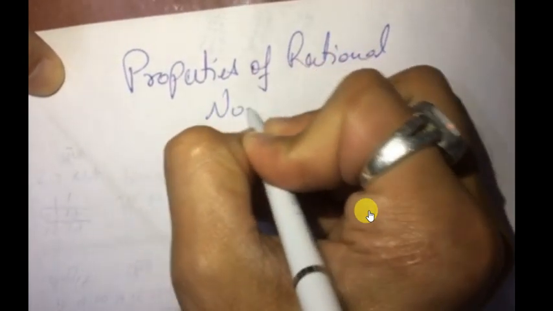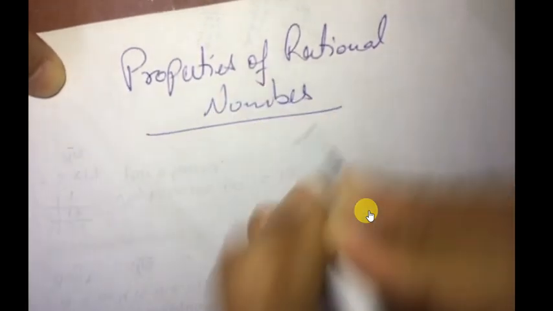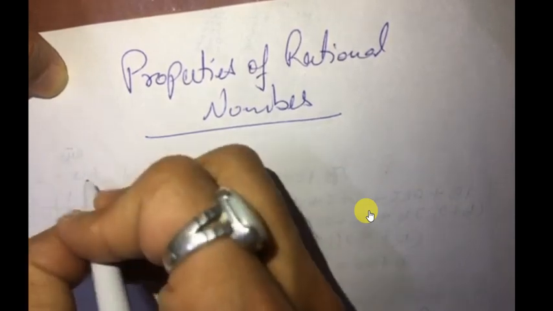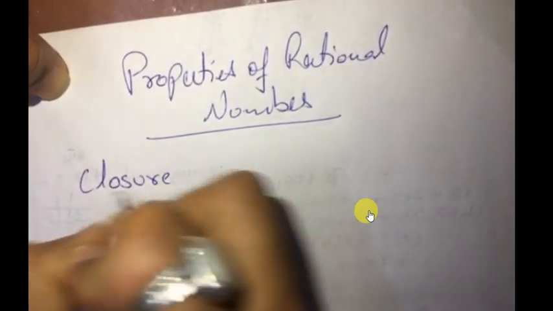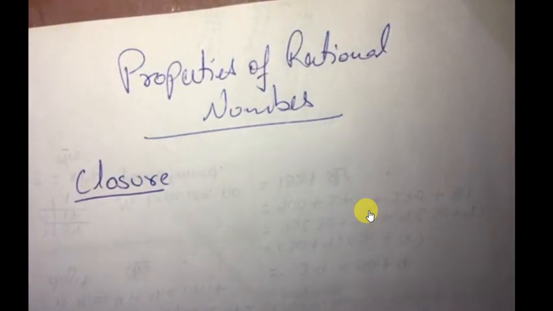Now, first, there are some properties of rational numbers. What are they? The first property is closure. What is the closure property?